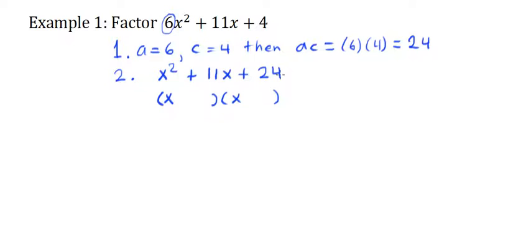Now we have to find two numbers whose multiplication is 24 and whose sum is 11. Those two numbers turn out to be 8 and 3, right? 8 times 3 is 24, 8 plus 3 is 11. So positive here, positive here.